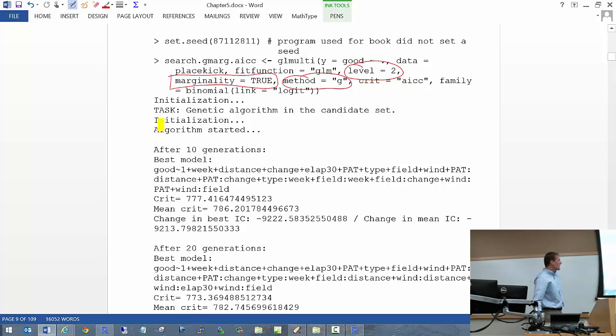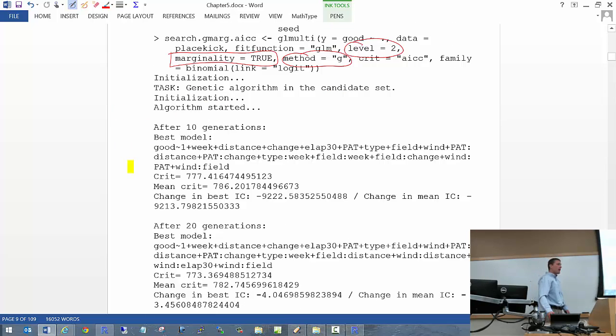So, here we go. Now, instead of summarizing after a certain number of models are estimated, now we have a summary after particular generations. So 10 generations, 20 generations. And this will actually take some time on your computer. It might take a couple minutes to finish.